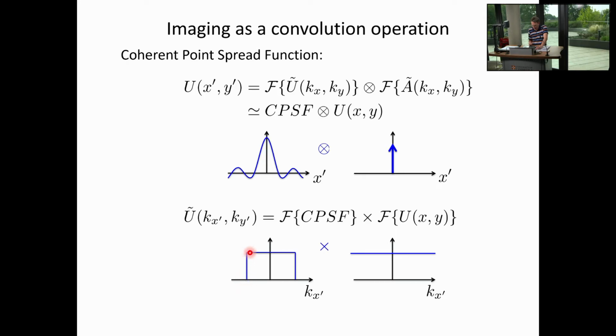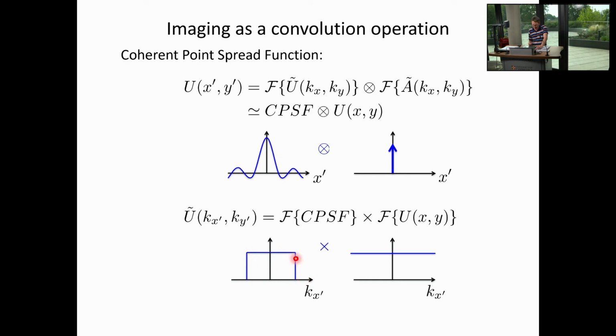So if you think about this aperture function here in the frequency domain, in the Fourier plane, then essentially what this tells you is over which bandwidth you are admitting spatial frequencies in the microscope.